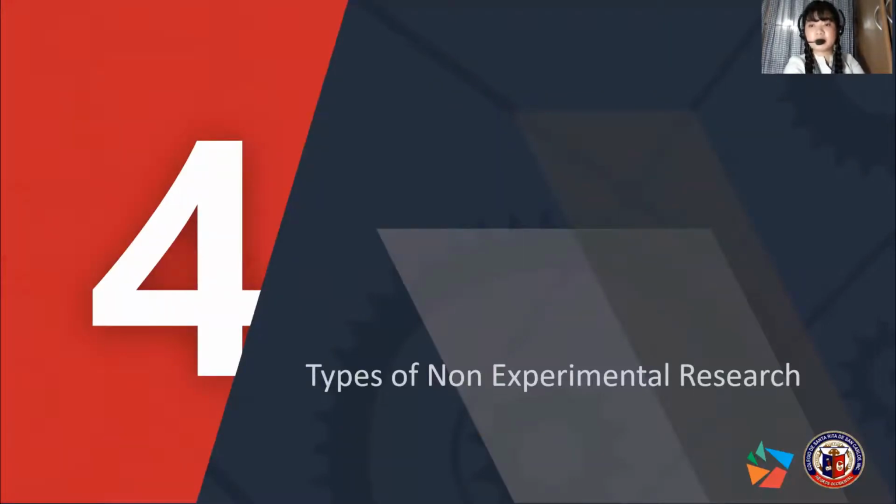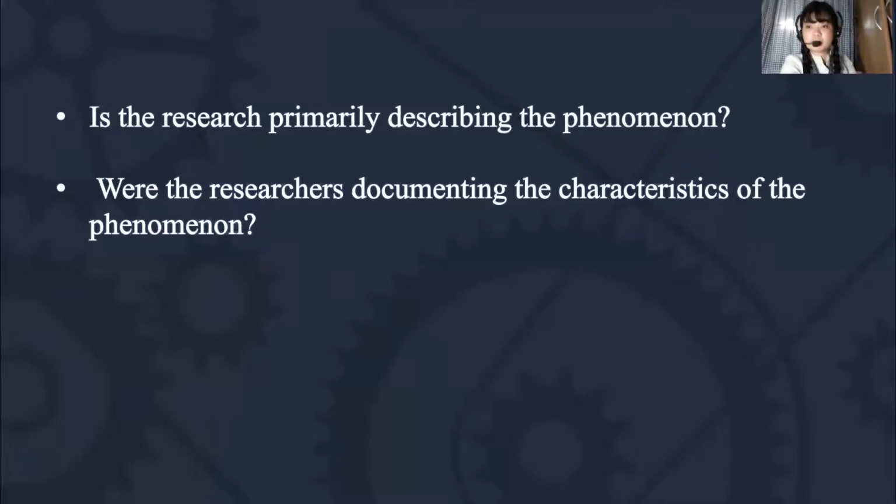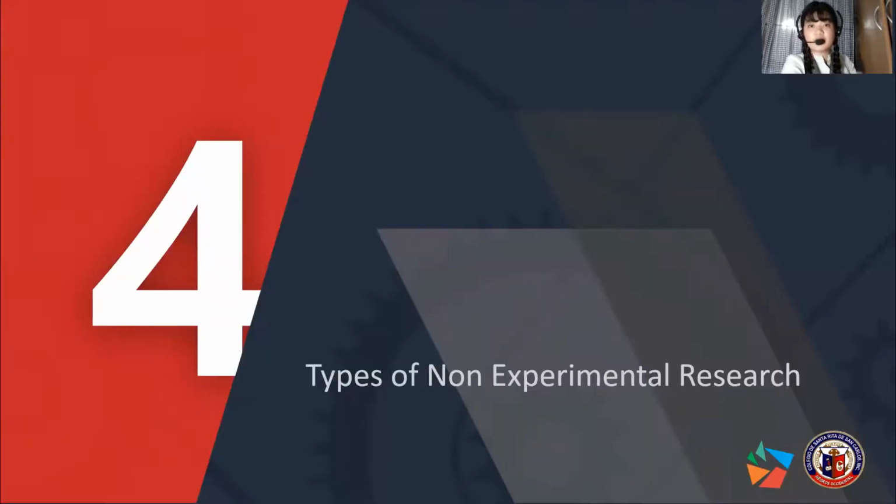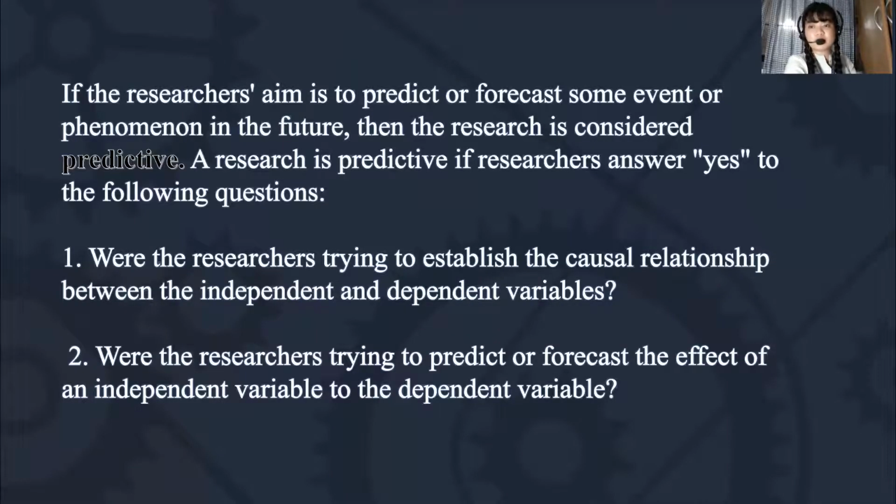We made mention of descriptive research, which is under the type of research according to purpose. Now let's proceed to the next type of research according to purpose, which is predictive. The second type according to purpose of non-experimental research, class, is predictive.